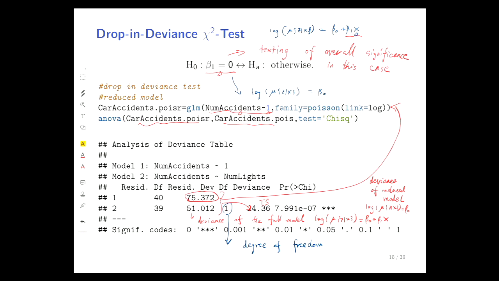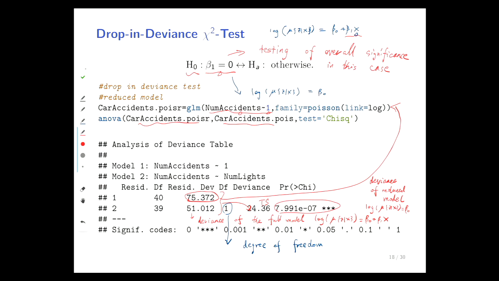So that's the z-test. And because the dropping deviance test can also be used to test only one coefficient, here we consider another test to test the same null hypothesis. We can also find that even though we have a slightly different p-value, we basically have the same conclusion.